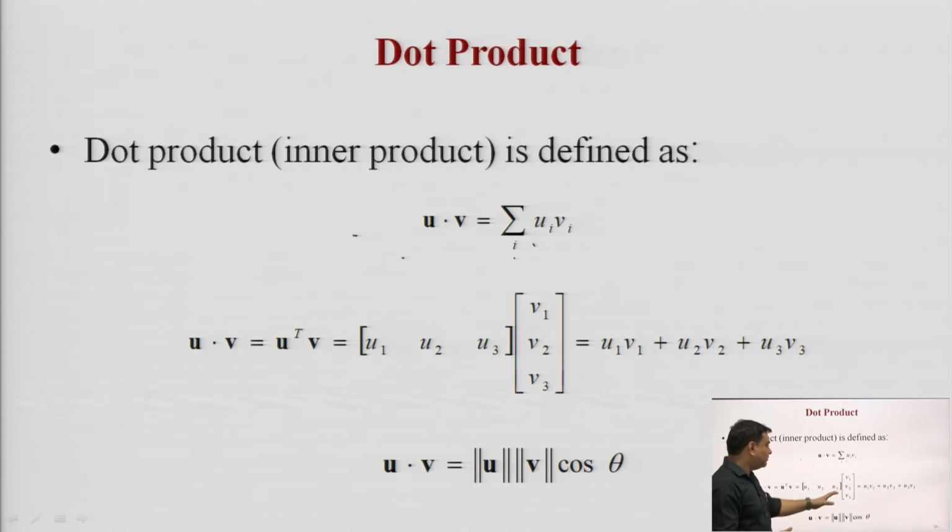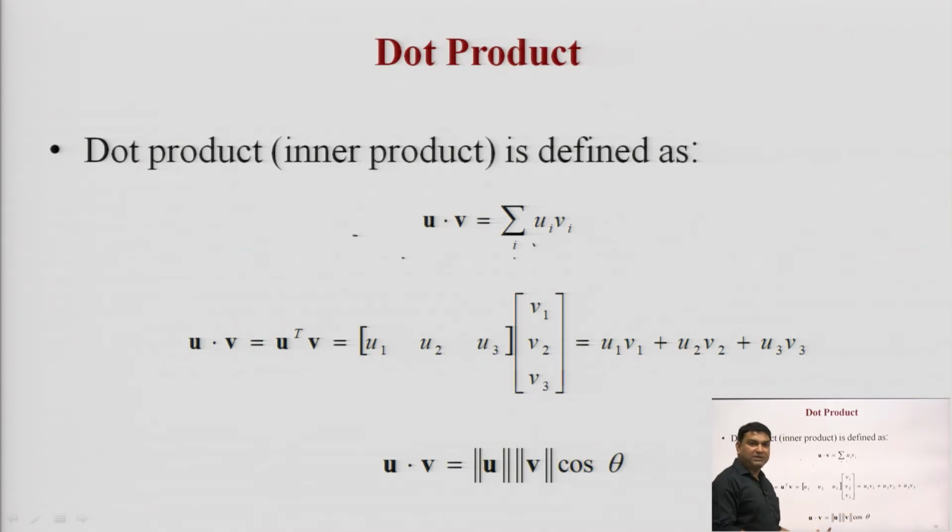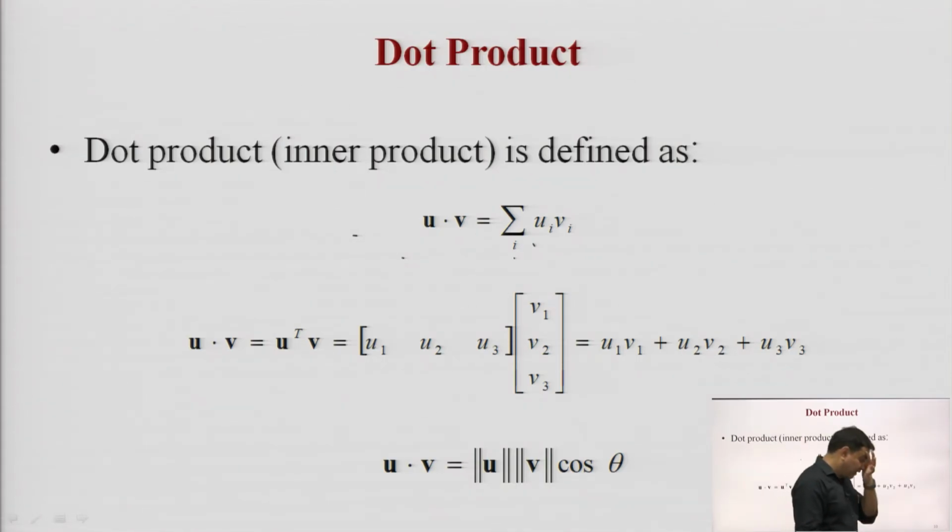So, u dot v is given as u1 v1 plus u2 v2 plus u3 v3. It means the result is in scalar form only. There is no direction, and it is represented as u v cos theta simply, where theta is the angle between u and v.